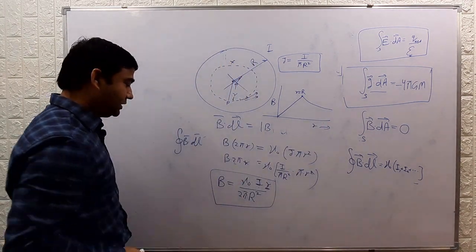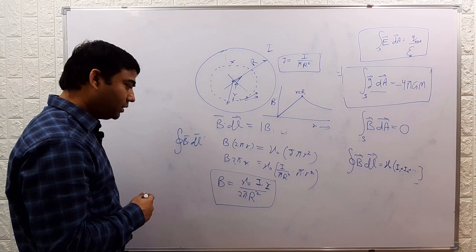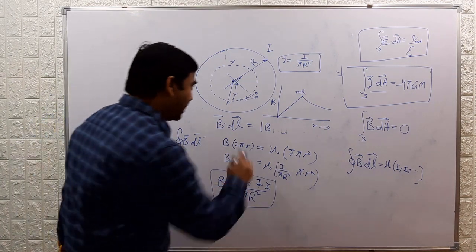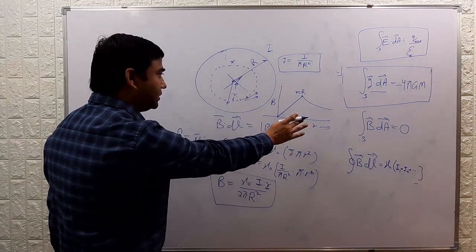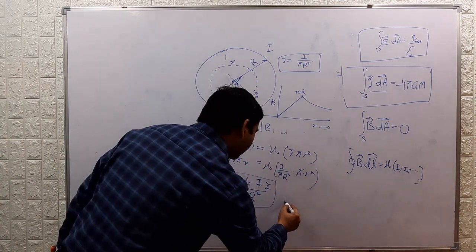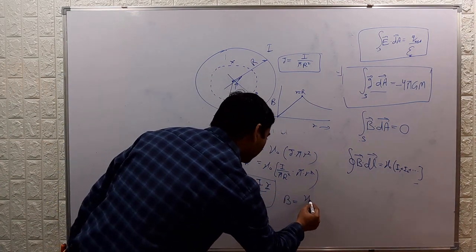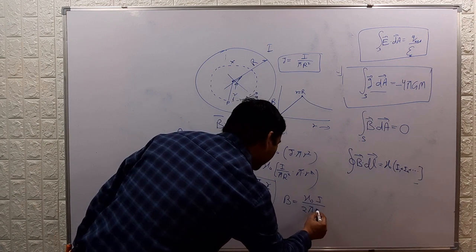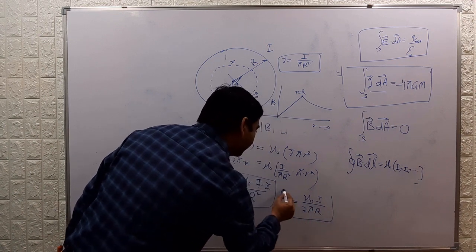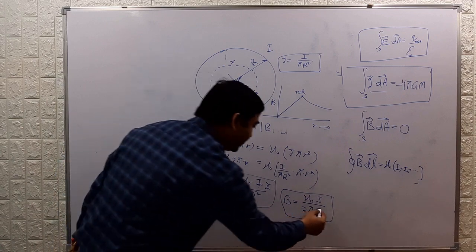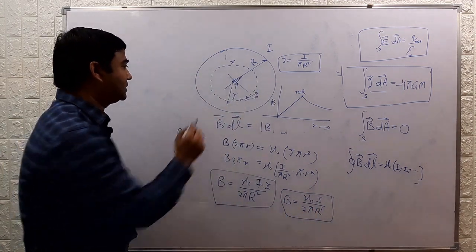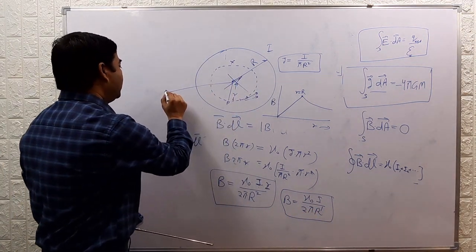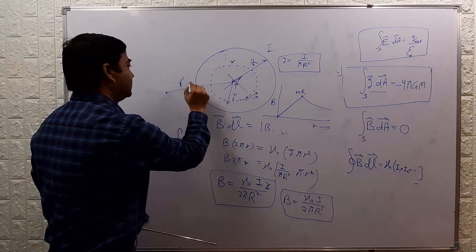As we have earlier found, outside the wire the magnetic field is given by B is equal to mu 0 I divided by 2 pi r dash, where r dash is the distance of the point from the center of the wire.